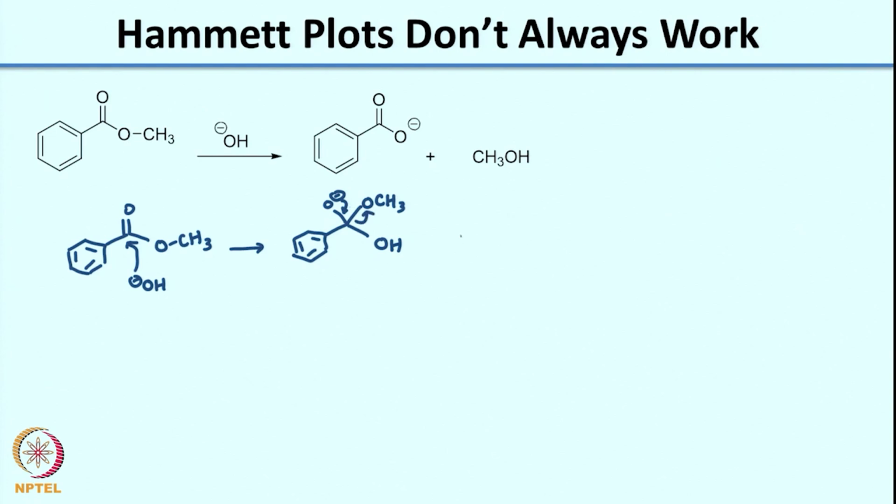So, this is one mechanism, let us call it pathway A. Now, suppose I were to write another mechanism hypothetically, and let us say I show the O minus attacking here to give you this.